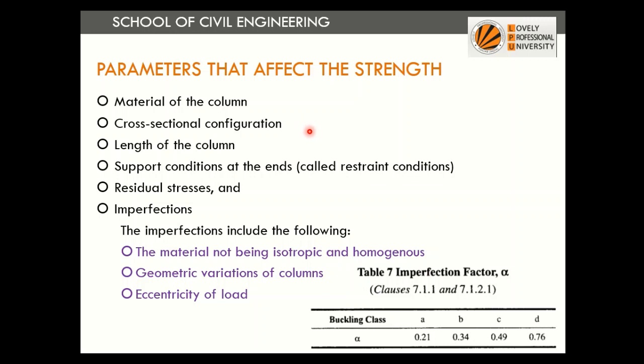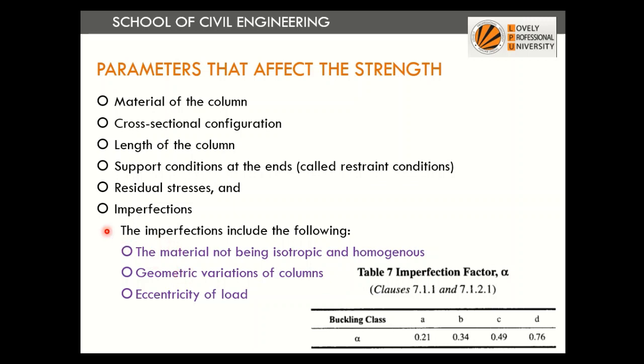Is it rectangular, square, I section, hollow? So cross-sectional configuration essentially means moment of inertia. We have already seen the effective length of column, then the supports. Effective length actually depends upon the length of the column and restraint condition, the end condition. And there are residual stresses and imperfections that will be there in the column section.